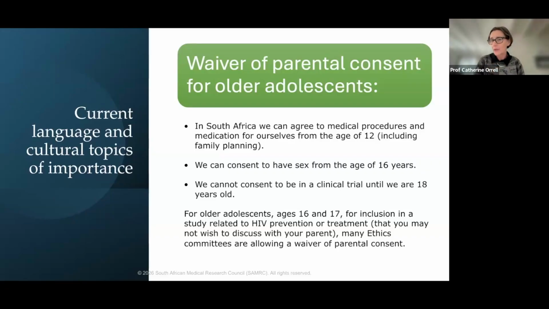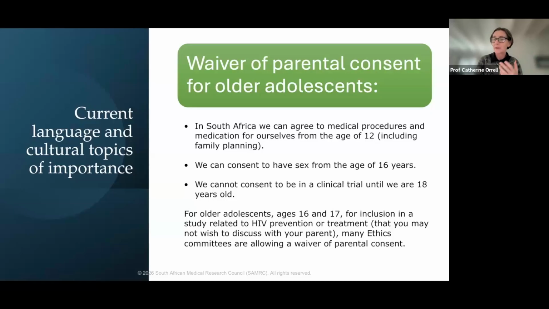In the Western Cape, in the studies that I do research in, it is becoming more and more normalized that 16 and 17-year-olds consent themselves, with a waiver of parental consent granted by the community and by the ethics committee.